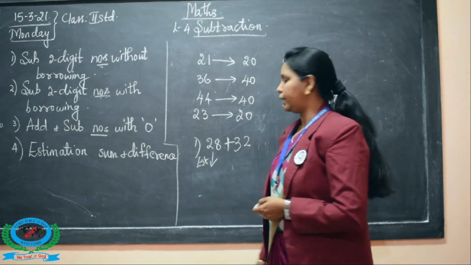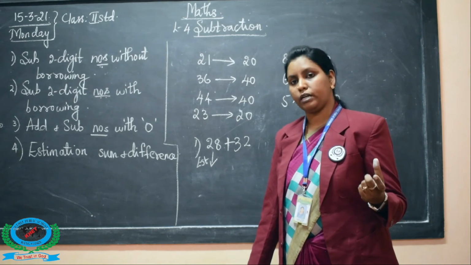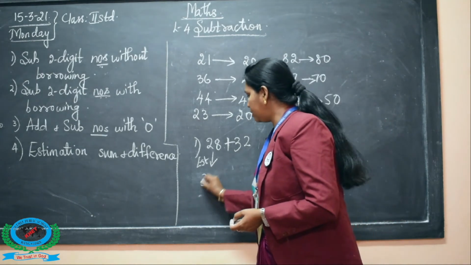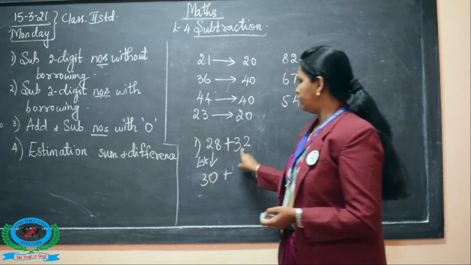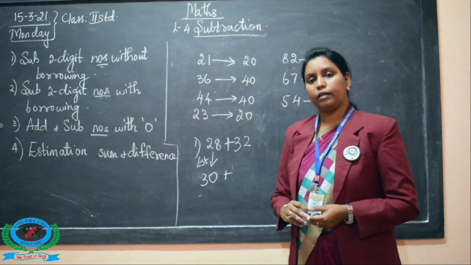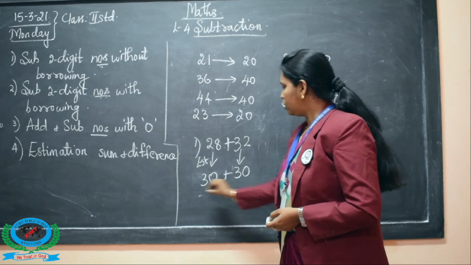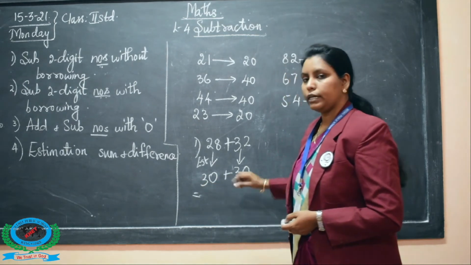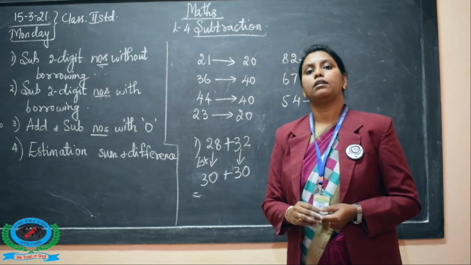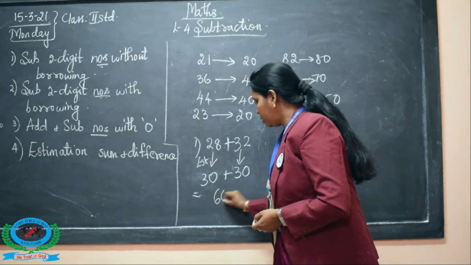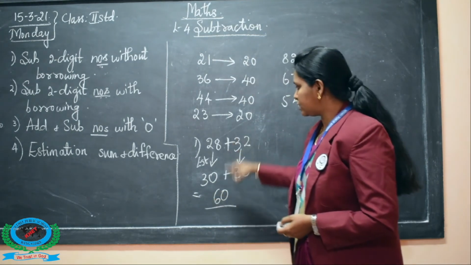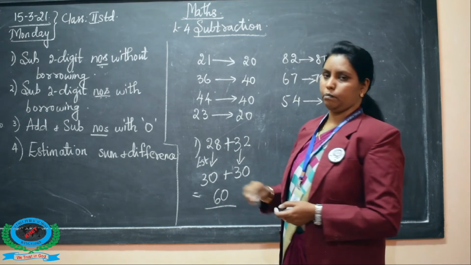Which is the nearest to 28? It is 30. And the nearest to 32, the estimated number is 30. So 30 plus 30 is how much? It is 60. So this is the estimated sum of these two numbers.